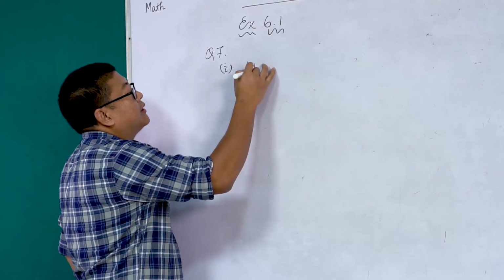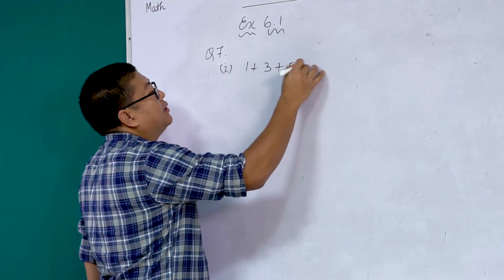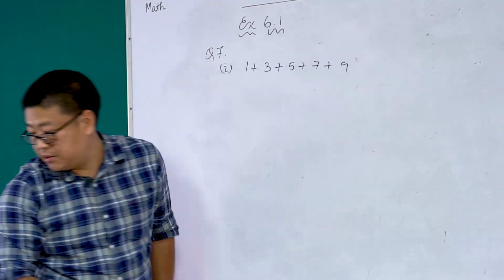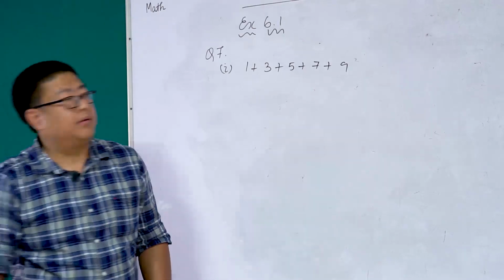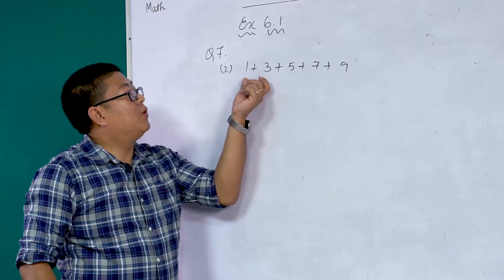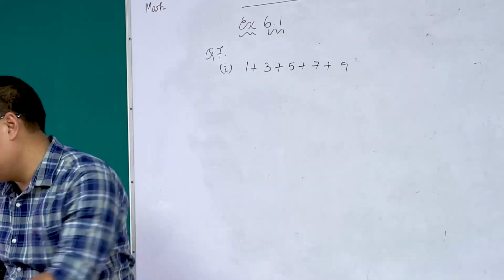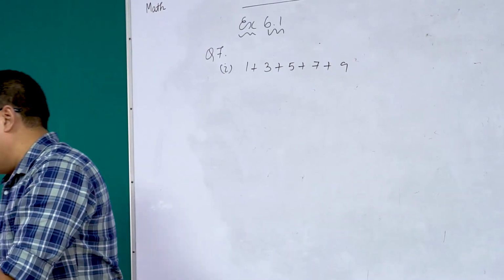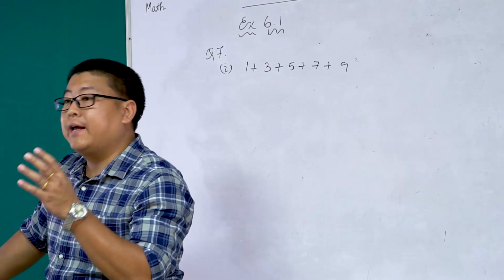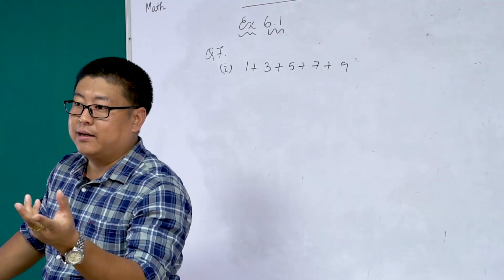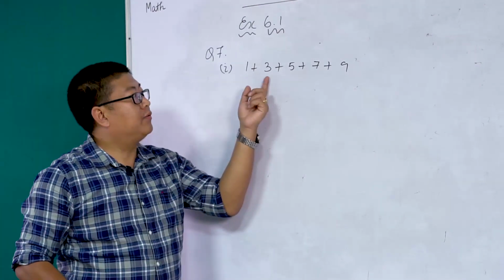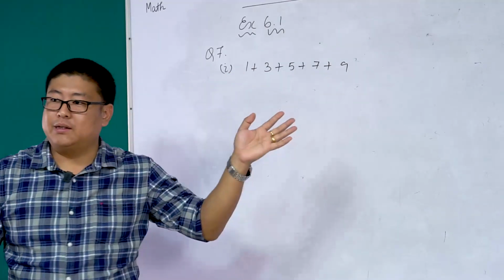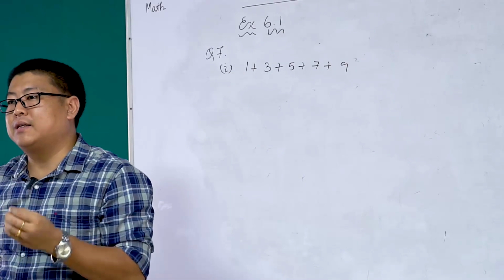They have given us a series of numbers: 1 plus 3 plus 5 plus 7 plus 9. Now, they want us to find the sum without actually adding. We don't have to add 1 plus 3 is 4, 4 plus 5 is 9. We don't have to do this. We can do it in a very simple way.